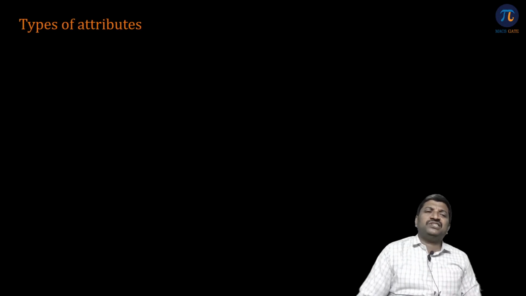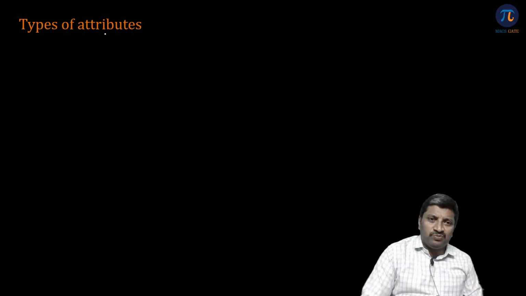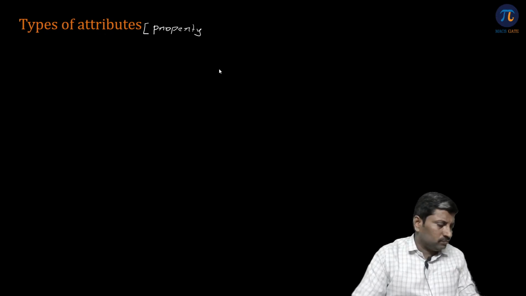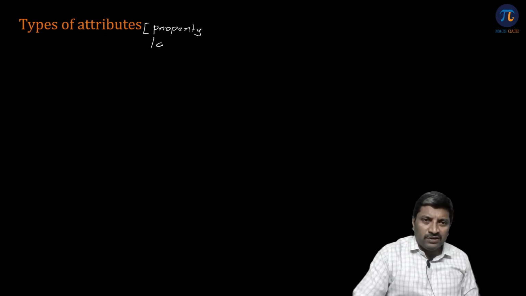Now, let us discuss what are the types of attributes. Before going to types of attributes, what are attributes? As I said, it is a property or characteristic of entity.